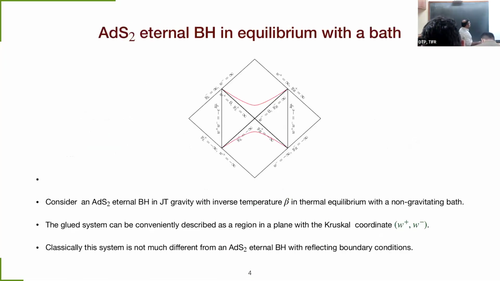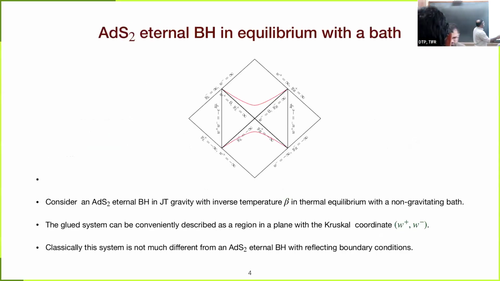So before the Page time, I just need the operators in this left triangle and the right triangle to reconstruct operators inside the black hole in detail. And after the Page time, if I use the operators inside this exterior of the black hole within the gravitational region, basically in these two regions, I should not be able to reconstruct operators in the interior.